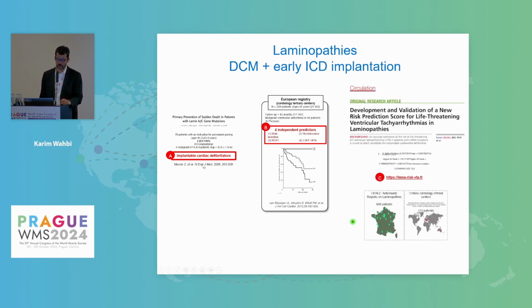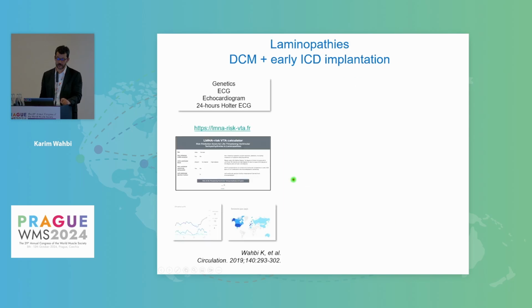And the most recent algorithm has been developed by our group. It can help measure really accurately the risk at 5 years for patients who have a sudden death or malignant ventricular tachyarrhythmias. And you have a kind of calculator.